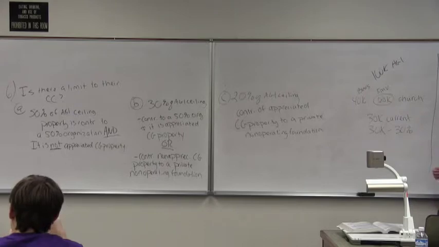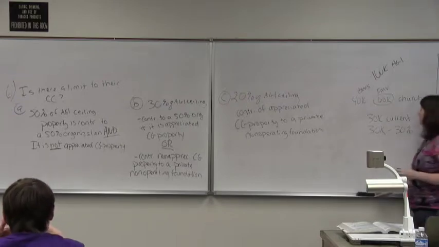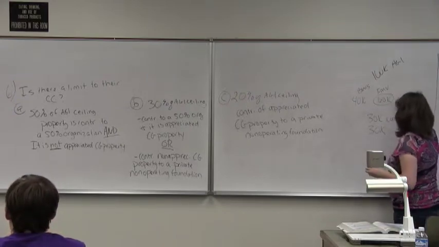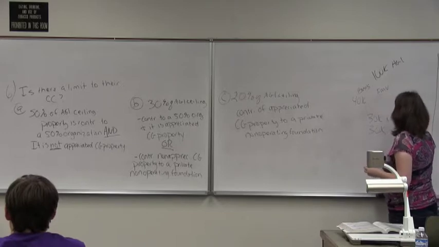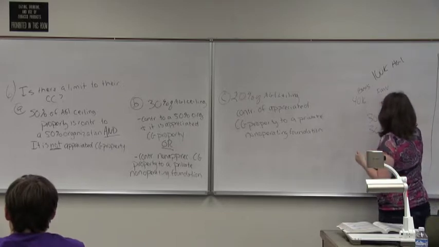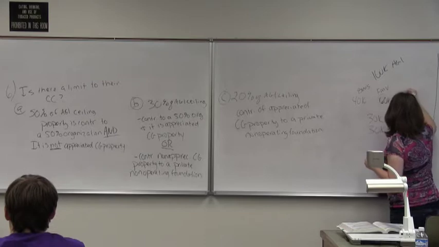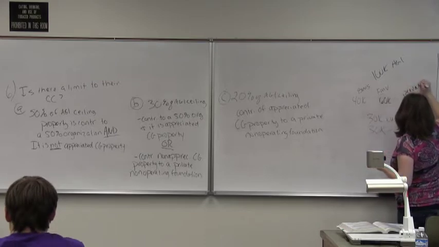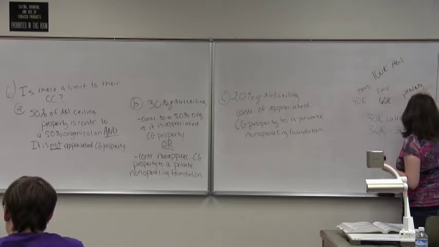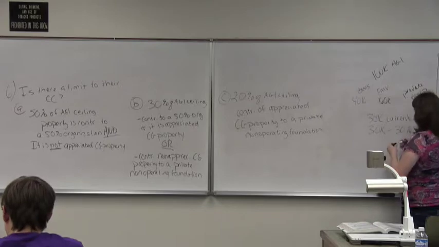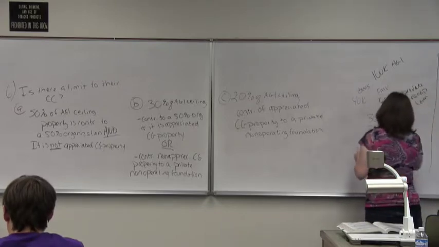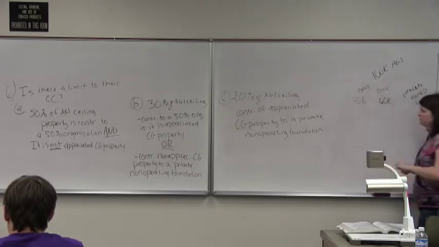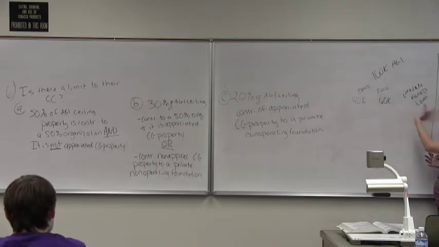All right. So now, what if this taxpayer is contributing this property to a private, non-operating foundation? Okay, so we know it's not a 50% org, it's private, not operating.